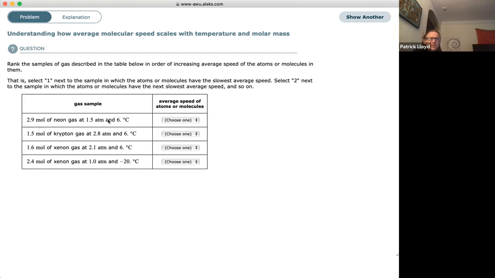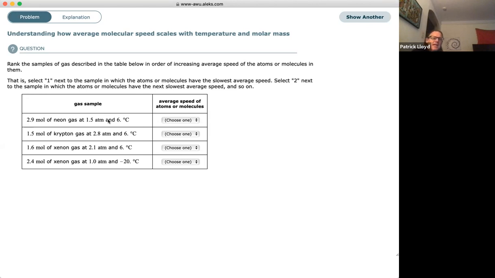It says to rank the samples of gas described in the table below in order of increasing average speed of the atoms or molecules in them, because sometimes they're atoms, right? Helium is atomic, whereas oxygen is O2, so it's molecular. Select 1 next to the sample with the slowest speed, 2 is the next fastest, 3 the next, and 4 would be the absolute fastest of the group.